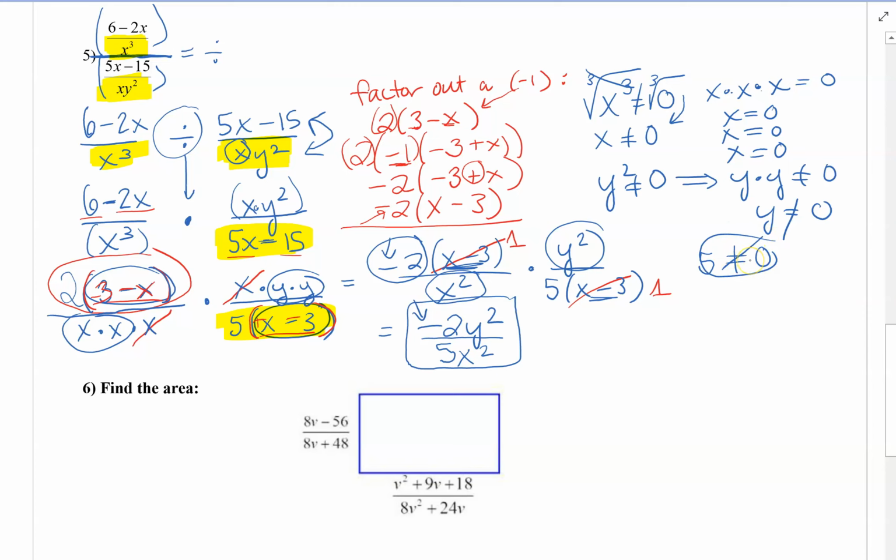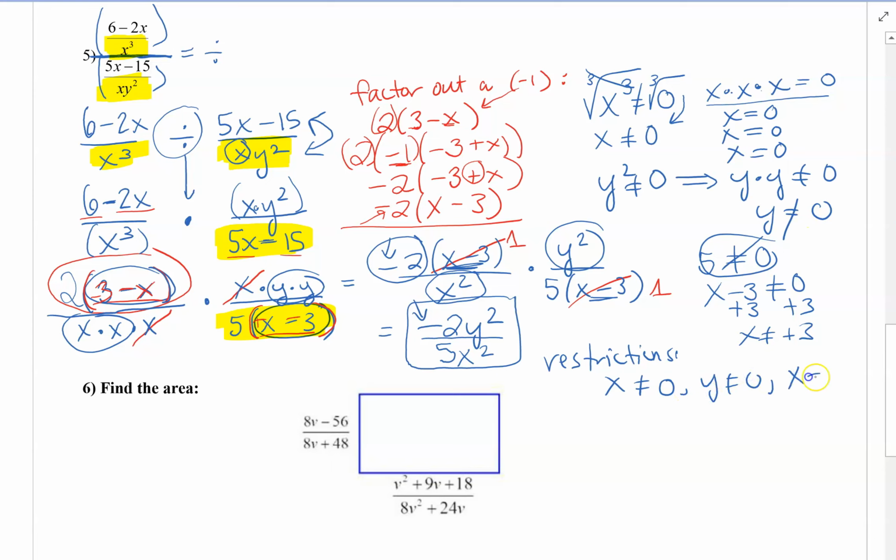That's not something we need to worry about. But then there's x minus 3. I can't let that be 0. So that means I cannot let x be 3. So my restrictions for number 5 are basically x cannot be 0 three times, y cannot be 0 twice, and x cannot be 3.